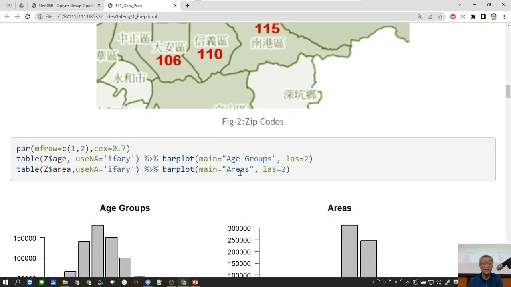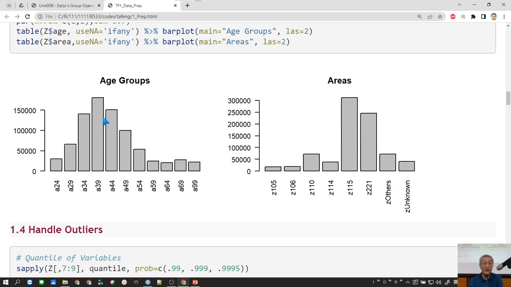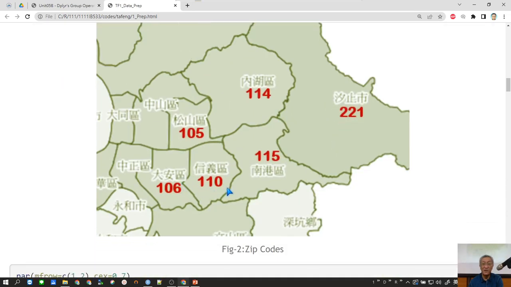If you look at the age group and also the area code distribution, you can see the major customer group is in the 39 age group, and most of the customers are in 115 and 221, which is here. So we can infer that the retail store may be located here.